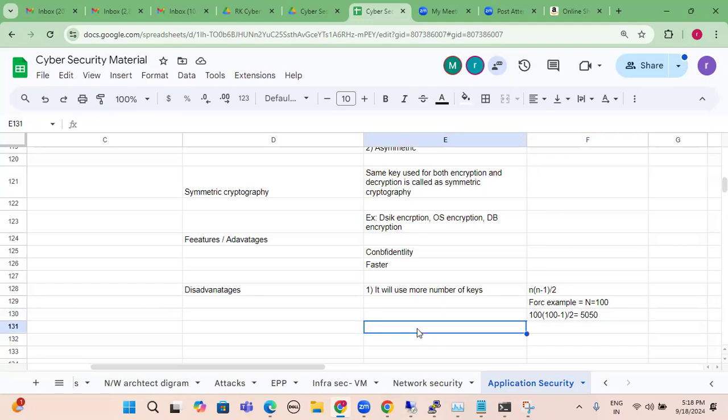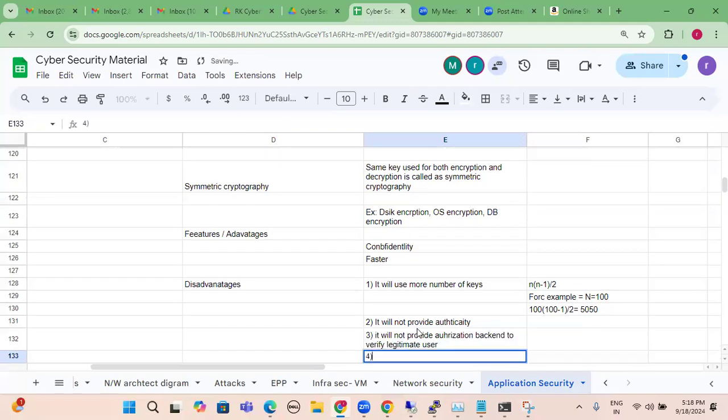Additionally, as I said, it will not provide authenticity. It will not provide authorization from the backend server to verify a legitimate user or not.